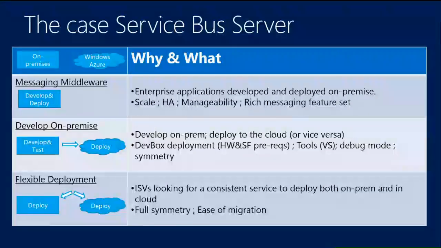So if you need a middleware system for messaging, you can use Service Bus for your own scenarios, and it gives you effectively exactly the same messaging capabilities that we have in the cloud. What's not there is the relay. That's not included, and also the notification hubs are not included. The relay, we might still bring to the server in one of the future versions.